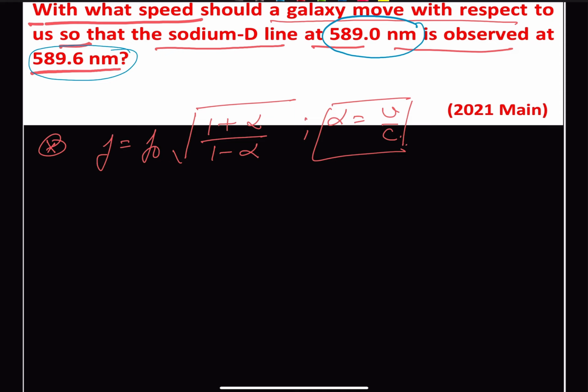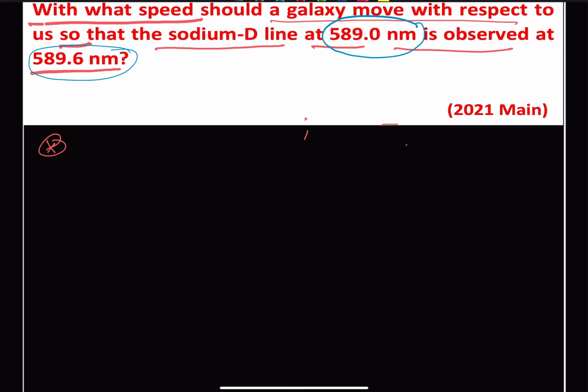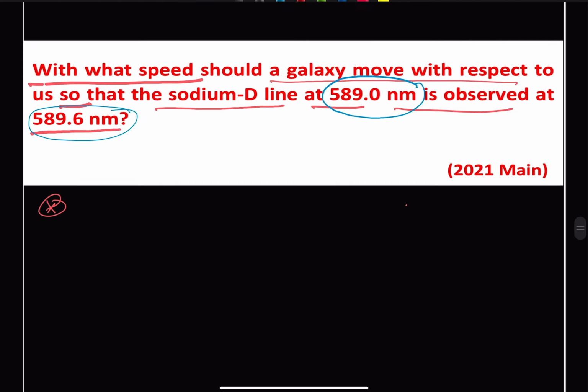I think I missed one part here. Let me check it. This will be coming as f upon f naught. It is given the speed.